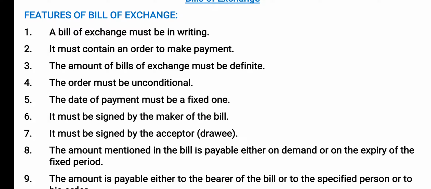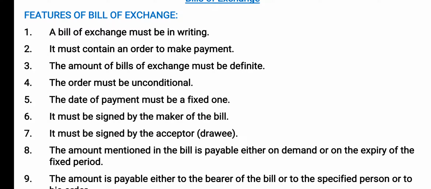A bill of exchange is regarded as a legal document only when it is in written form. And in this written document, it must contain an order to make payment. It is an order that you have to pay the sum of money which has been issued to you in the form of goods.